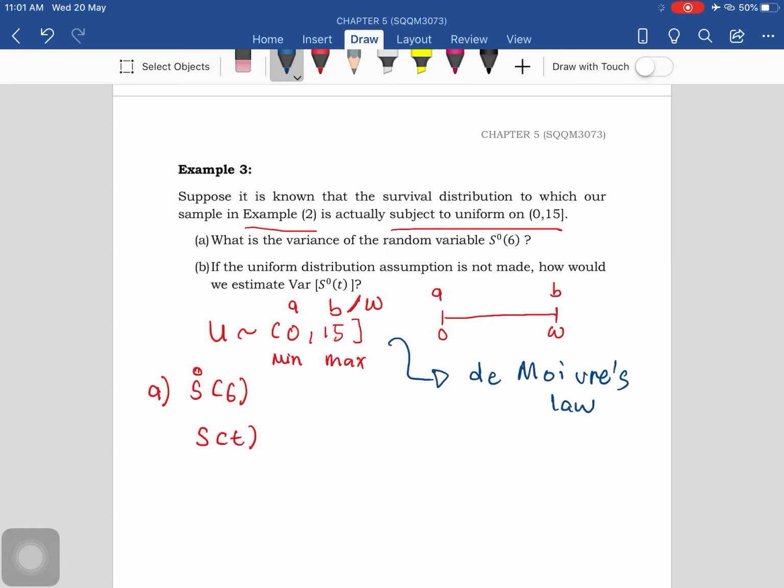So S(t) is equal to (omega minus t) over omega, and F(t) is 1 minus (omega minus t) over omega, which gives t over omega.